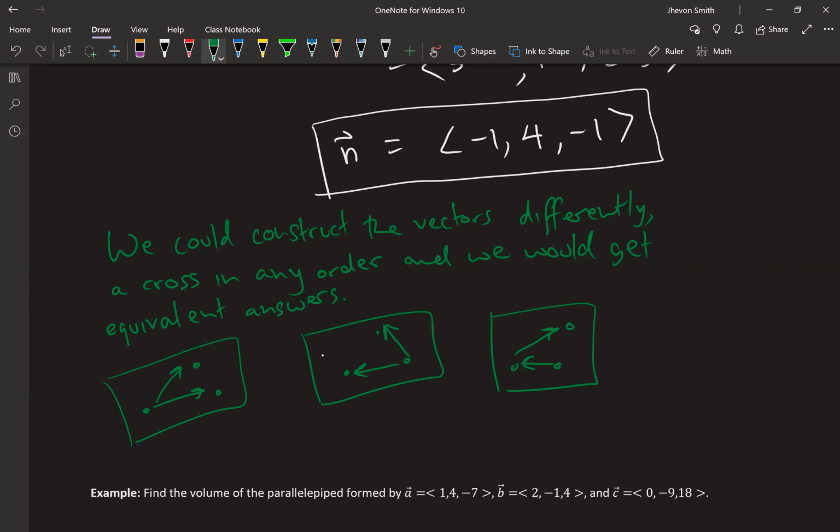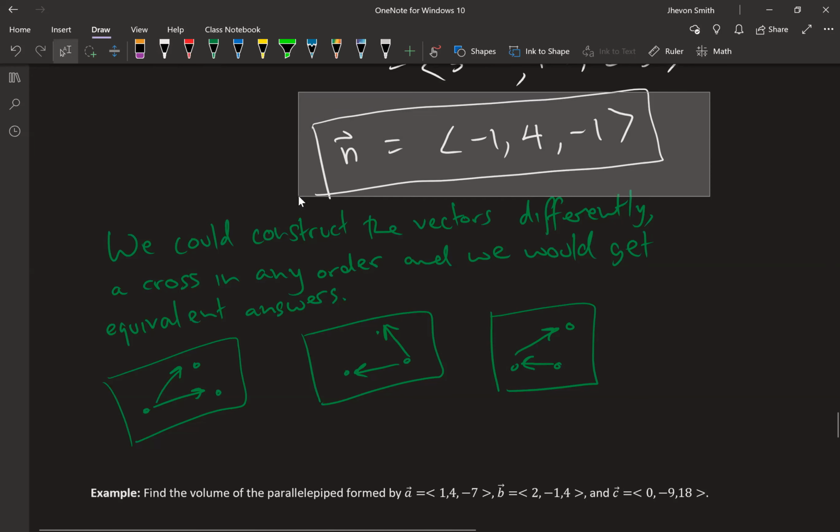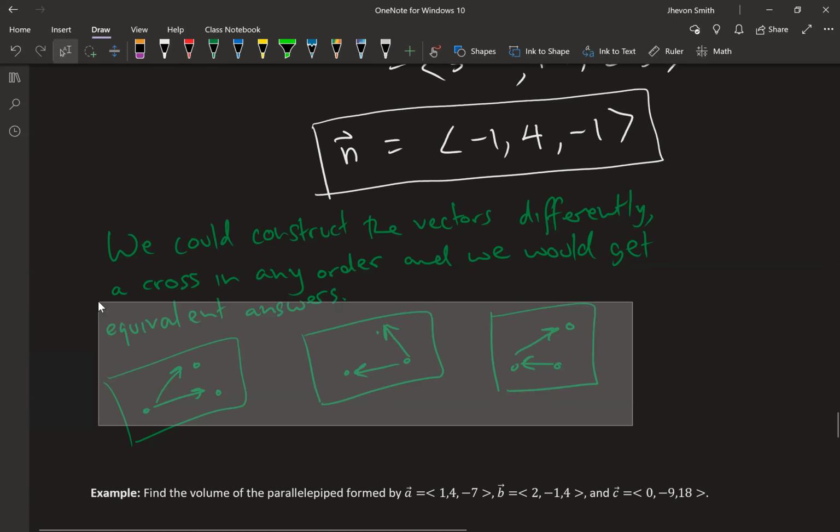It doesn't matter because these vectors that I'm constructing will necessarily be parallel to the plane, which means when I take their cross product, I would necessarily get something orthogonal to the plane. The order isn't going to matter. Our calculations guarantee that when you take a cross product of any 2 things that are parallel to a plane, you will get a direction that's orthogonal to the plane. You're going to get the plus or minus of this vector, regardless of which one you constructed.